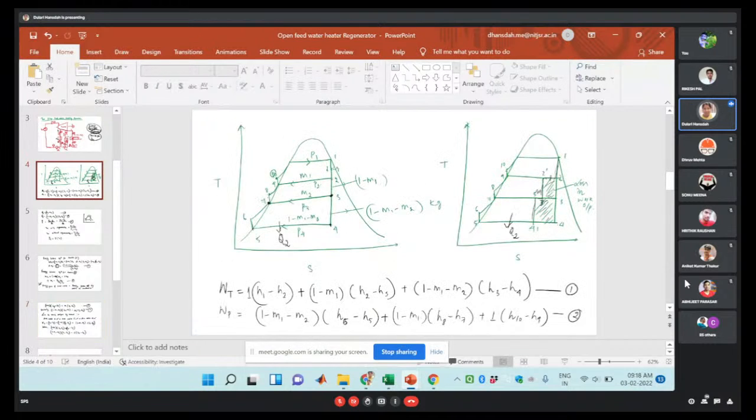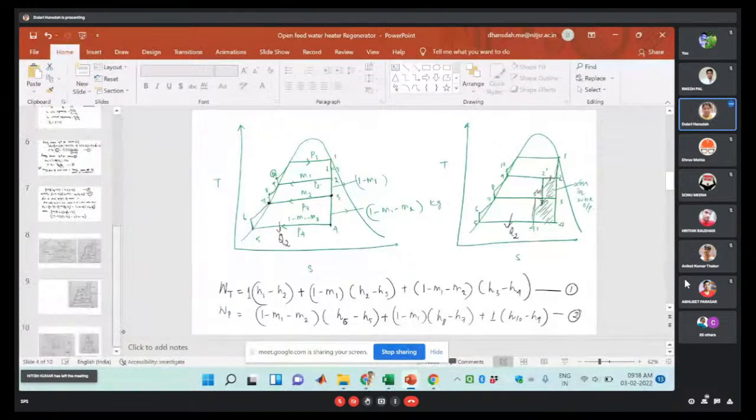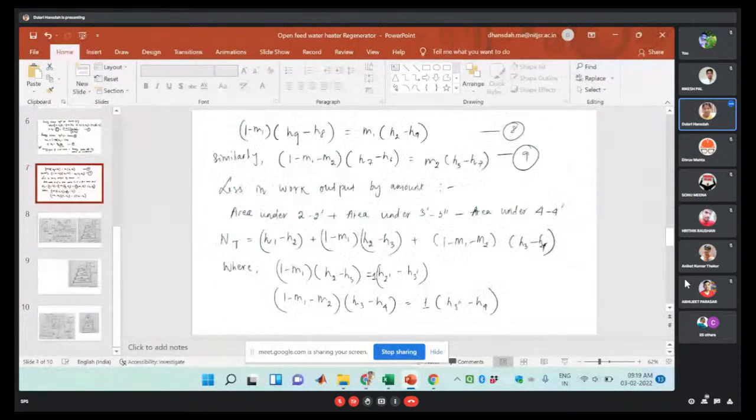So the expansion will be at this point. So here we are considering that 1 kg of steam will be represented by the path following the 1 2 2 dash 3 dash 3 double dash and 4 dash. Okay, so that's why we have written that equation again.